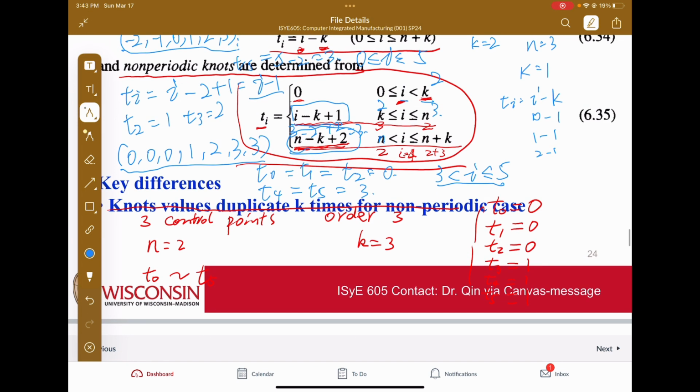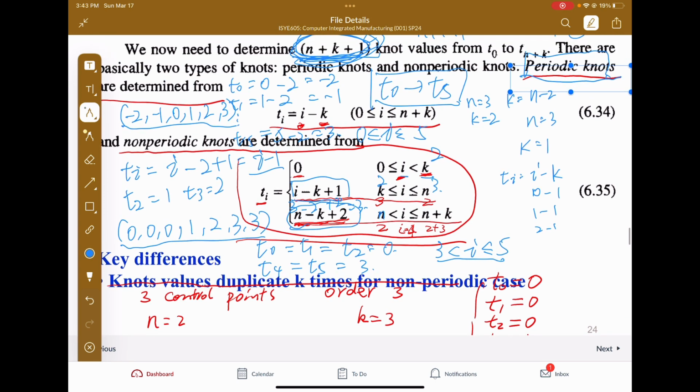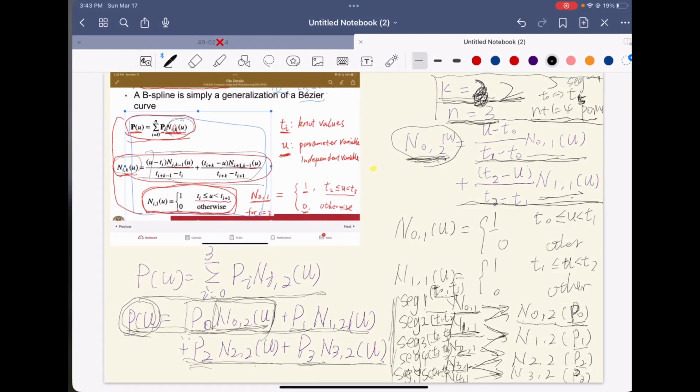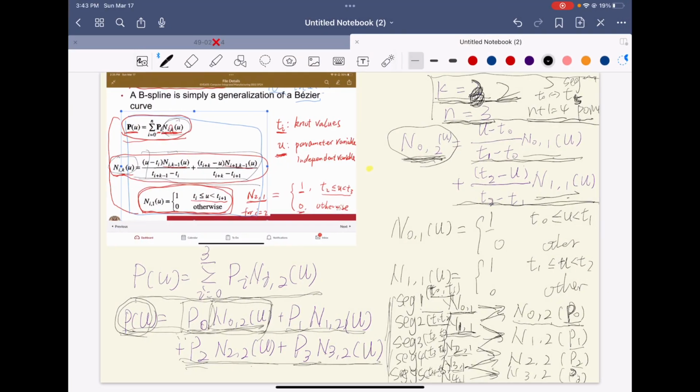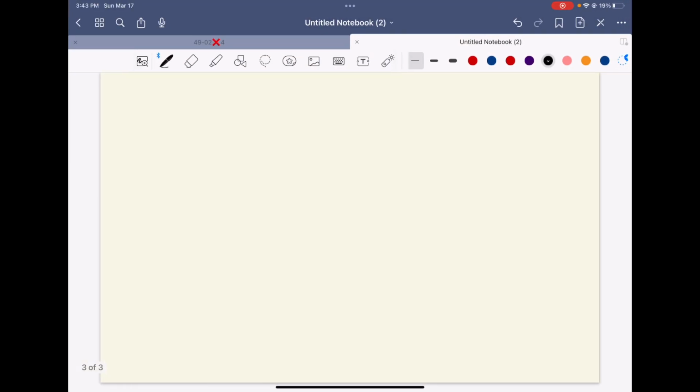So what's the difference in the actual control points between the periodic knots and the non-periodic knots? Let's do another example. We have a curve, and in our case, n equal to 3, k equal to 2, and we have 4 control points, n plus 1.